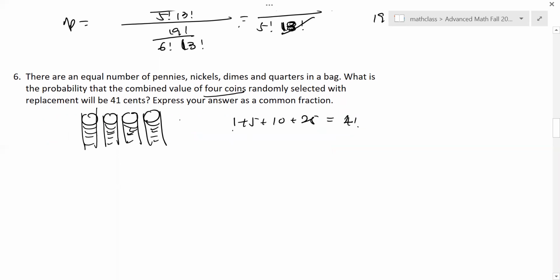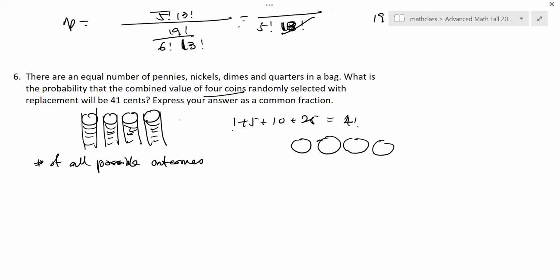So, what is the number of all possible outcomes? Every time you write down the number you're going to get, each time you select a coin and put it back.